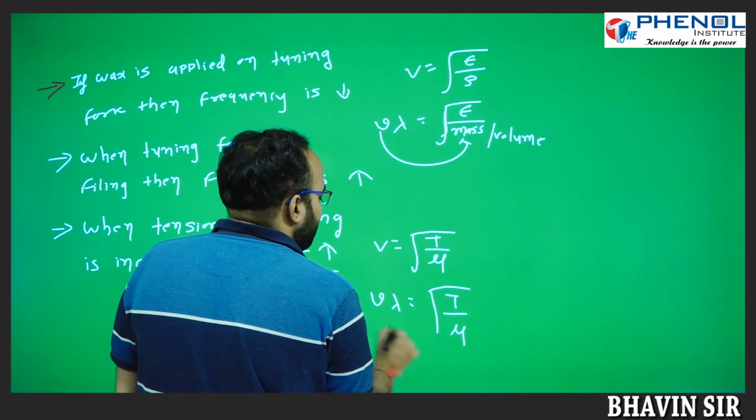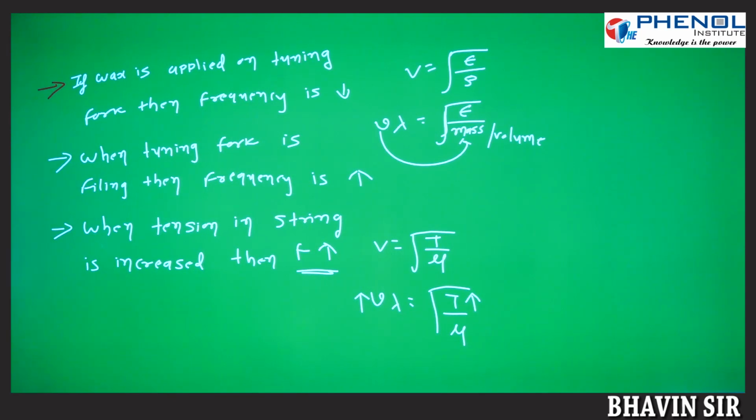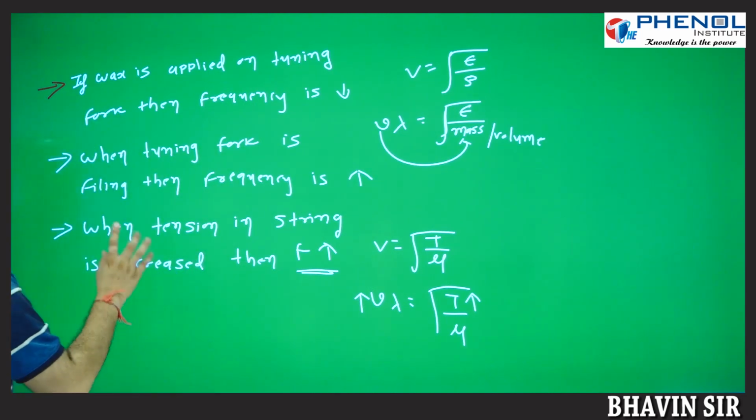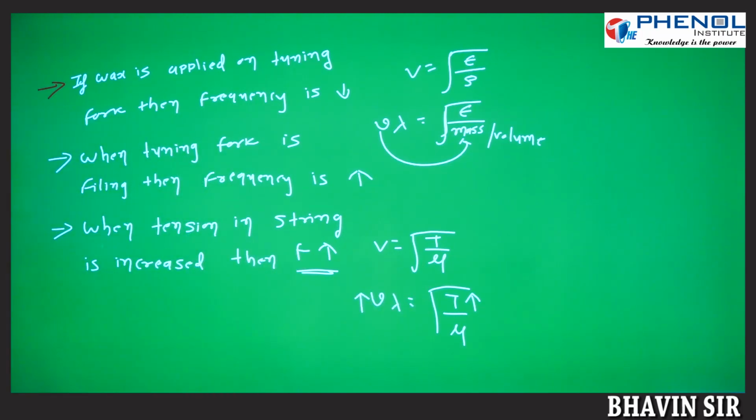So see, tension increased, frequency increased. So if tension on a string is increased, frequency of sound wave is increased. Same ways, if tension is decreased, then frequency is decreased. Here is the proof.